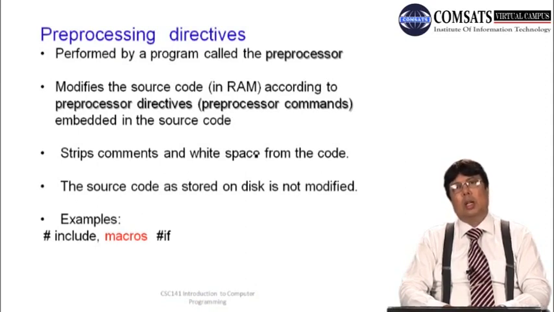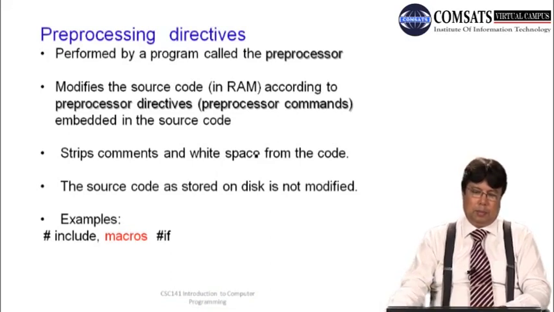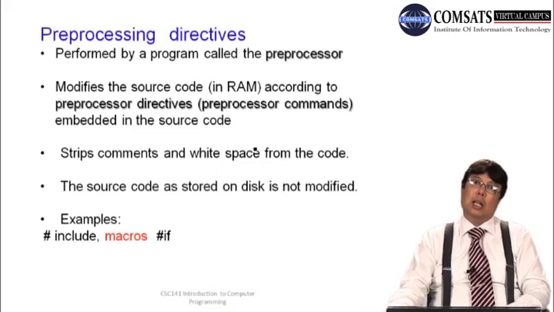But it does not save the output onto the disk; rather, it passes on the output of the preprocessing to the compiler. So your source code, which is saved on the disk, remains unchanged.